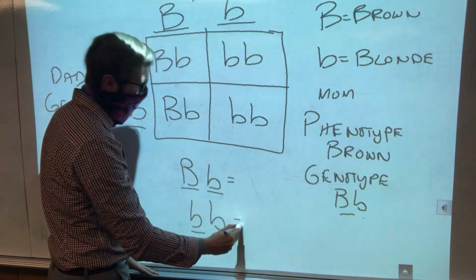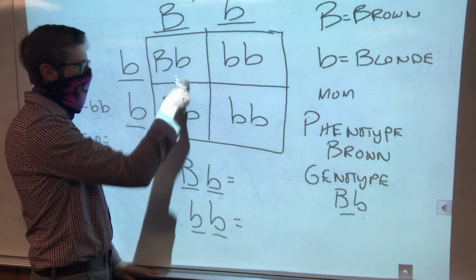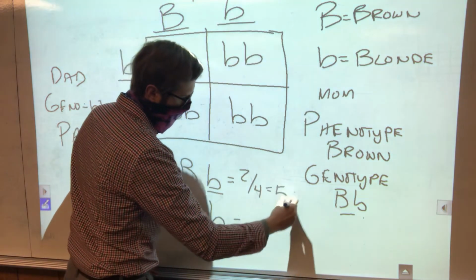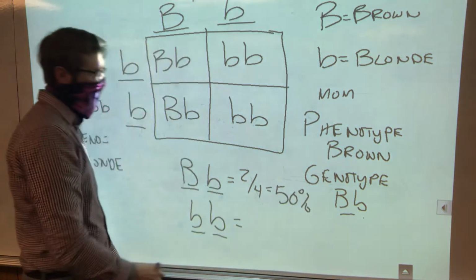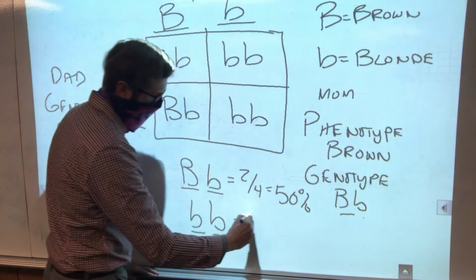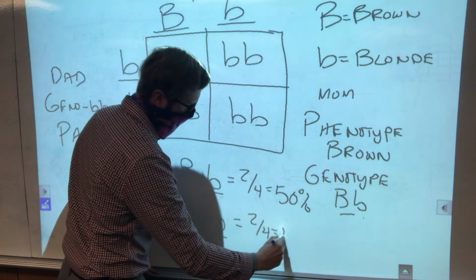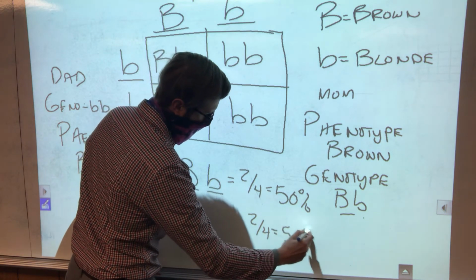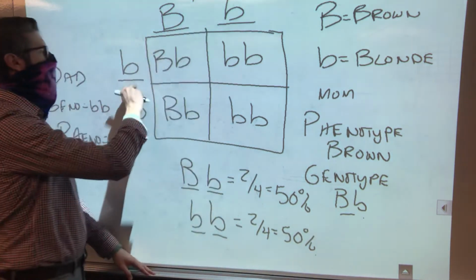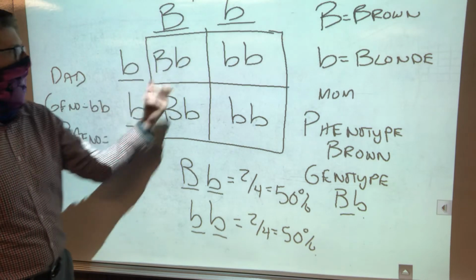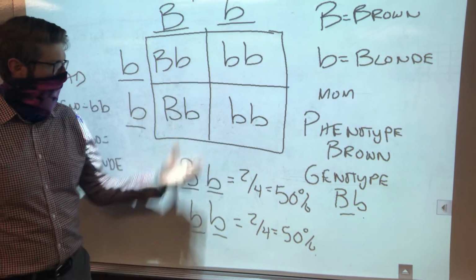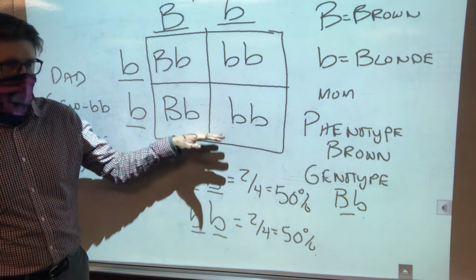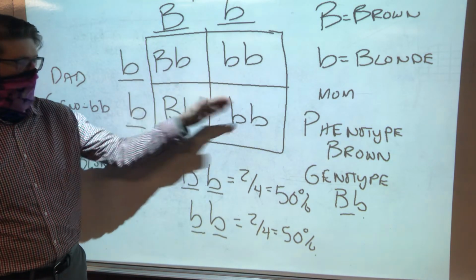There's 4 squares. 2 of them are big B, little b, so 2 out of 4 is 50%. And 2 out of the 4 are little b, little b. So that's 50%. So basically, if these two, mom and dad, have kids, their kids have a 50-50 chance of being either brown-haired or blonde-haired.